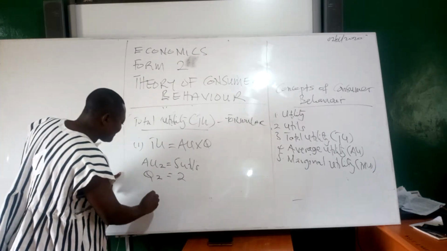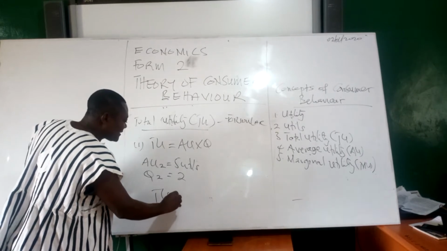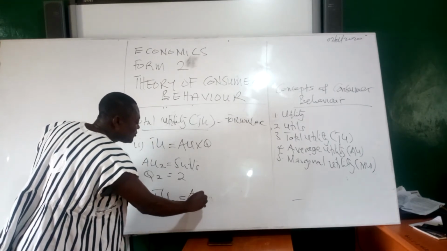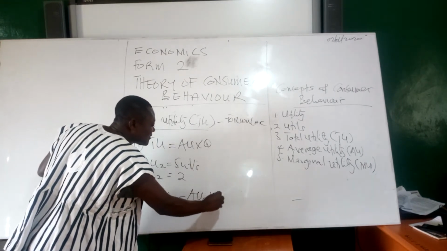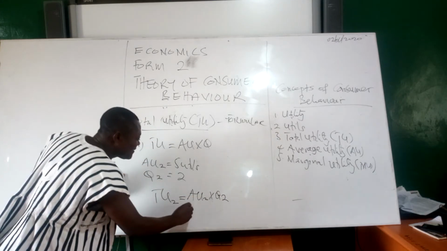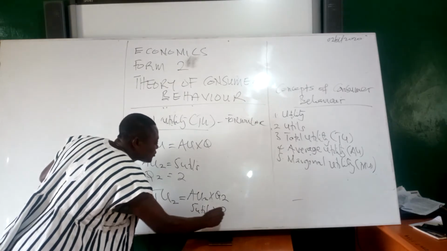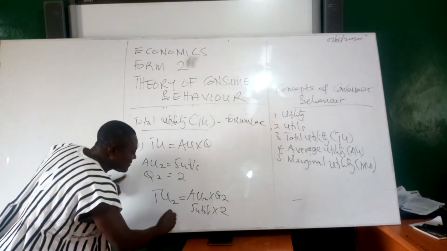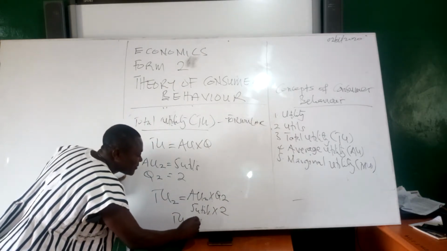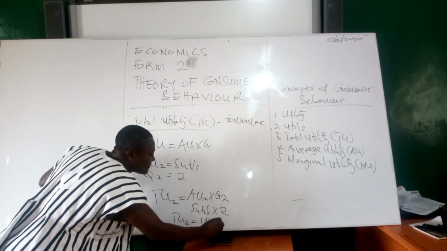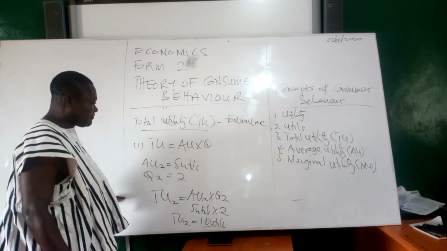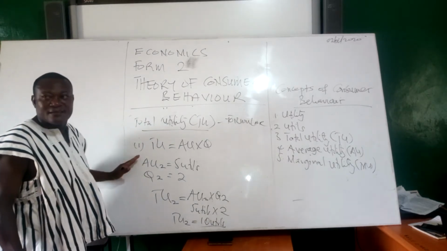We are going to have TU2 equals AU2 times Q2, and that will be 5 utils times 2, so TU2 will equal 10 utils. That is one formula.